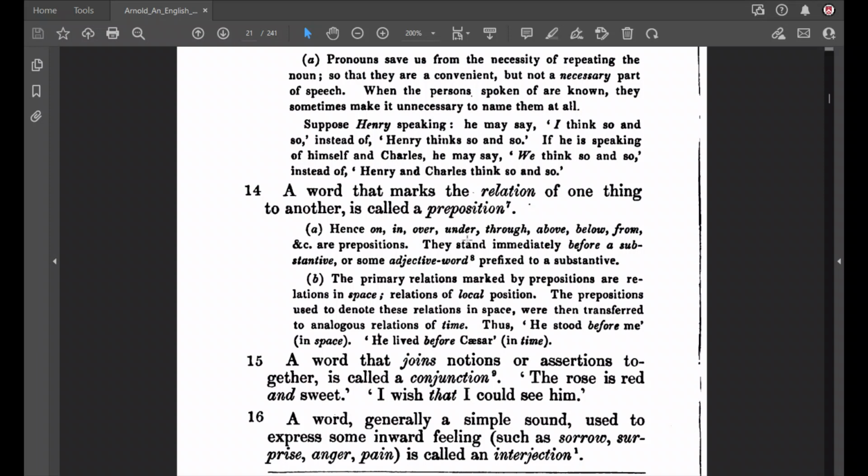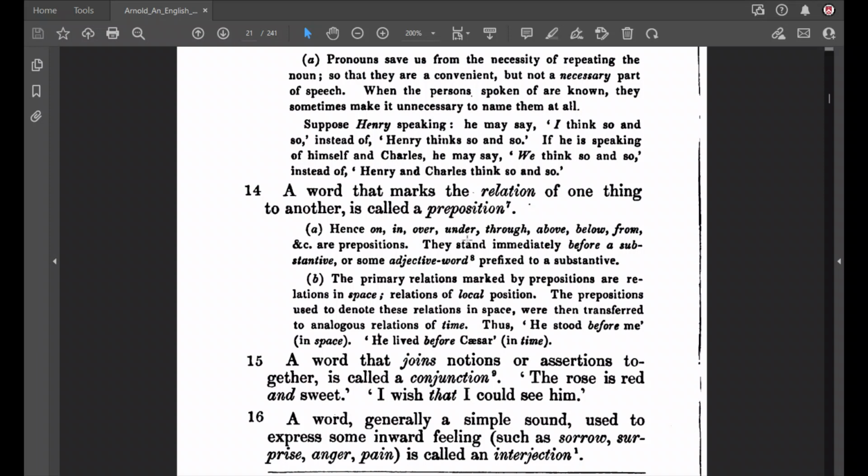I drove through the city, or I drove my car through the city. The relationship between my car and the city is expressed by the preposition through the city.